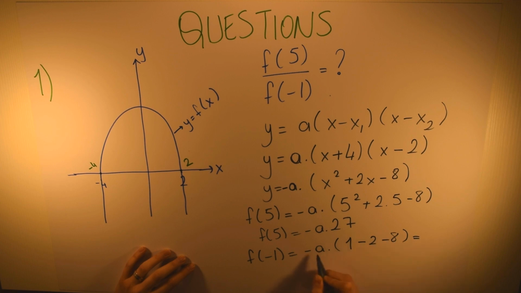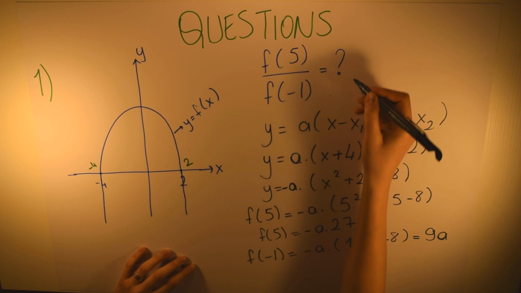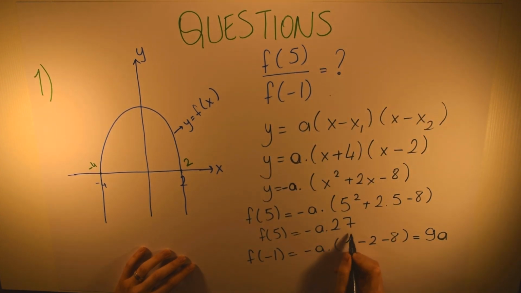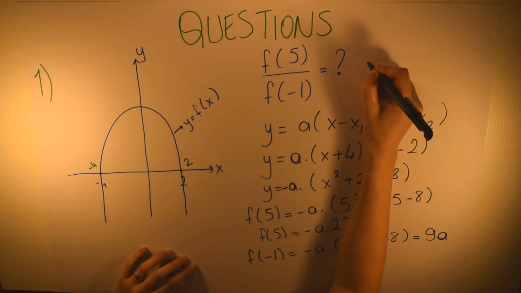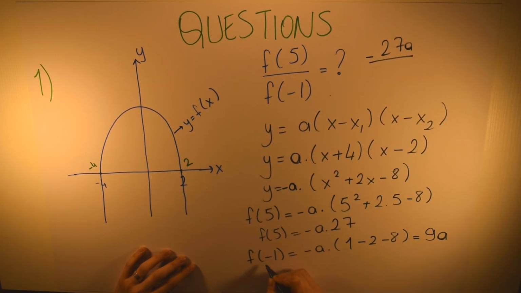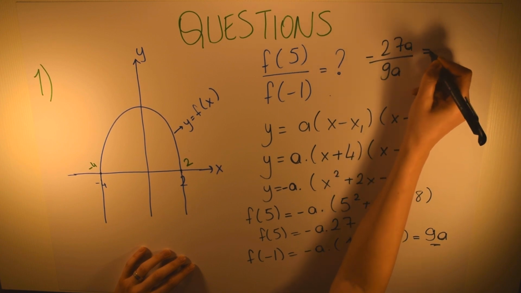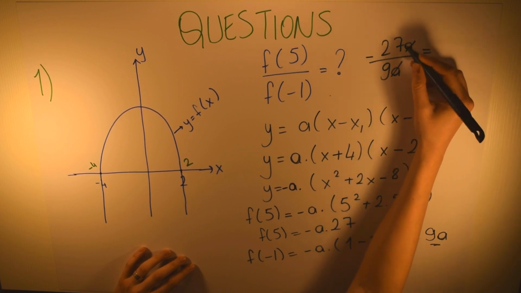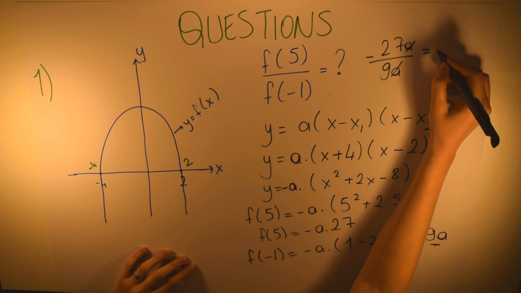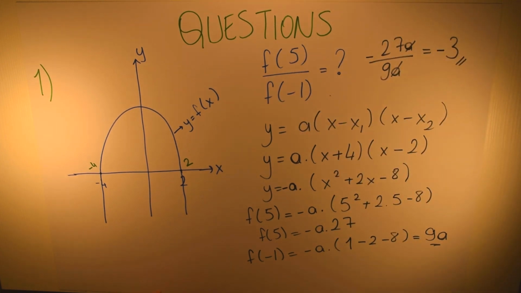So minus 9 times minus a is 9a. So f(5) over f(-1) is -27a over 9a. From here our answer is -27 over 9, which is equal to -3.